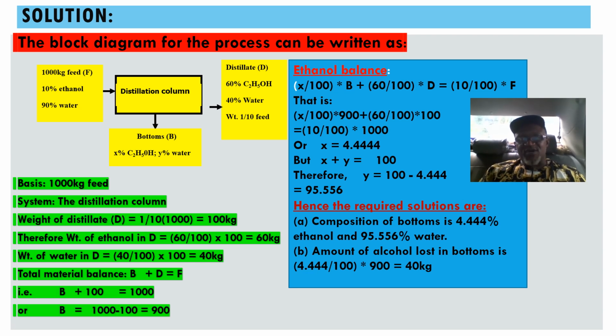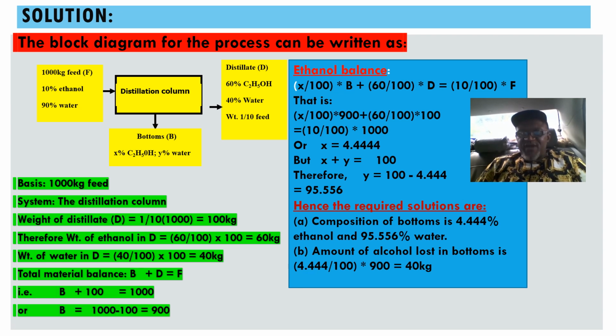And when we solve that, we have X as equal to 4.444. Of course, we know that X plus Y will be equal to 100. So Y will be 100 minus 4.444, which gives us 95.556. Hence, the required solutions are: the composition of bottoms is 4.44% ethanol and 95.556% water.